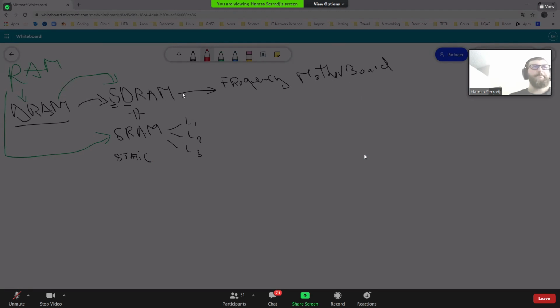So SDRAM. And what did we do to it after? We got this SDRAM and we had that frequency, right? So this one is equal to this. But after that we took this one and we doubled the data rate, double data rate.